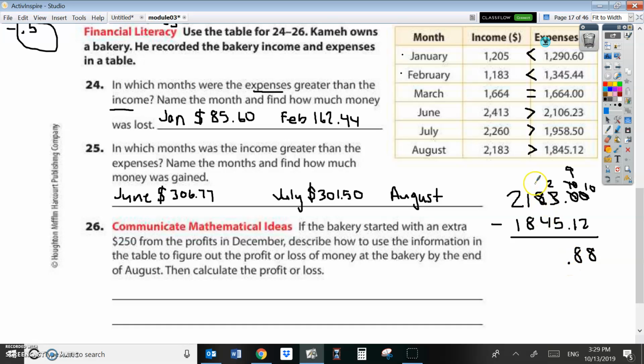Borrow from that 8, make it a 7, make that 12 into a, make that 2 into a 12, put a 7 there, and a 3 there. Borrow from that 2, make it a 1, make this 11, make that into 3. Looks like 337.88.